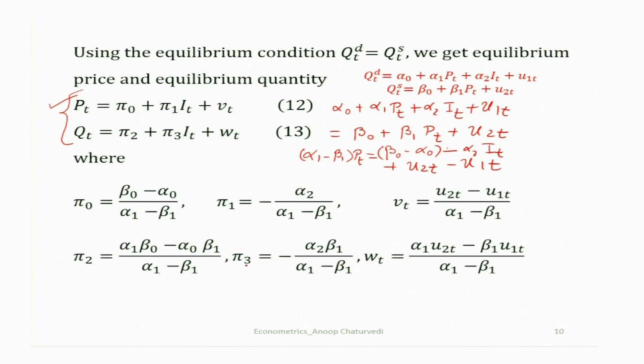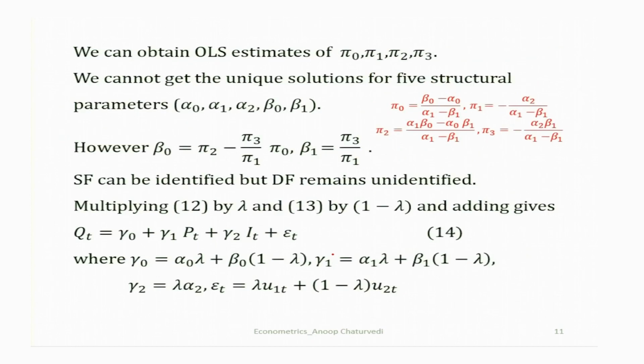Say if you divide pi 3 by pi 1, then pi 3 upon pi 1 is equal to beta 1. So, you can obtain beta 1 from here. So, we can obtain OLS estimates of pi naught, pi 1, pi 2, pi 3, but we cannot get the unique solutions for the 5 structural parameters.